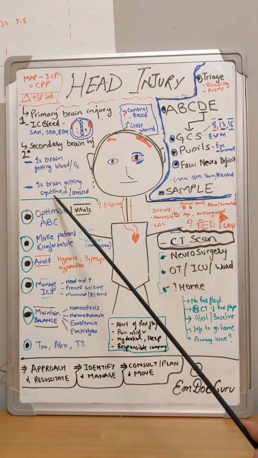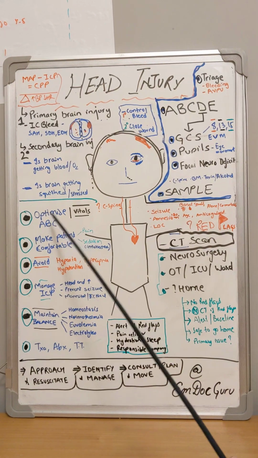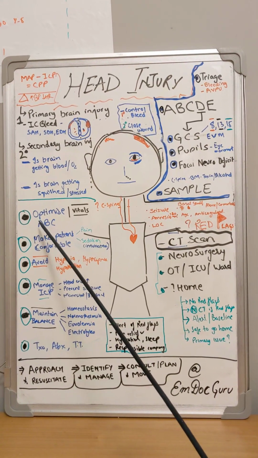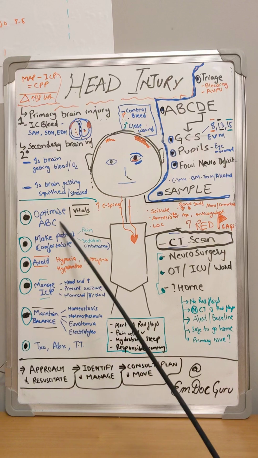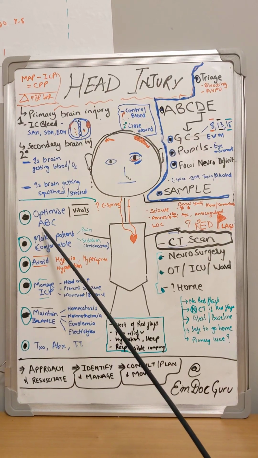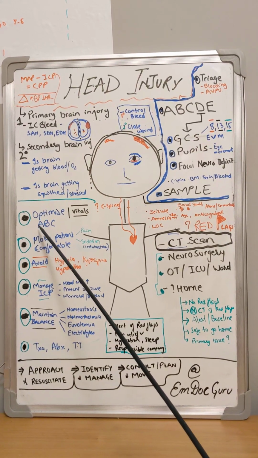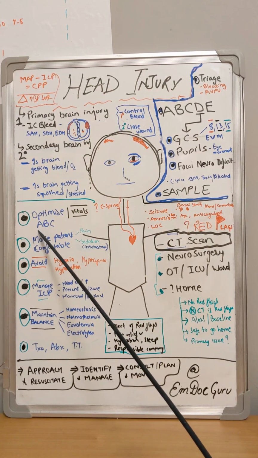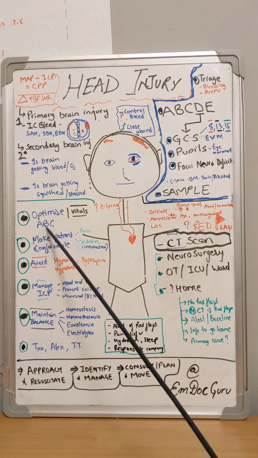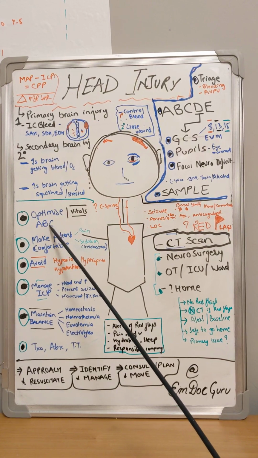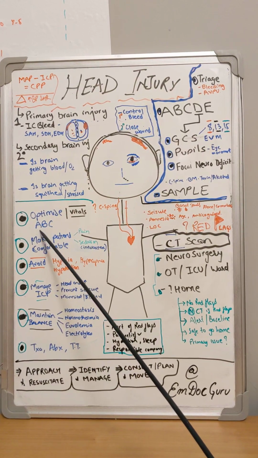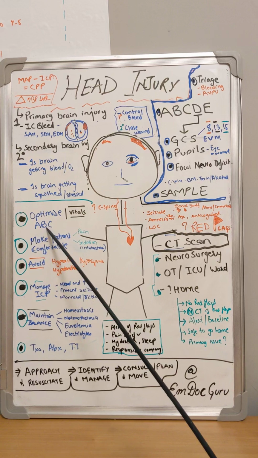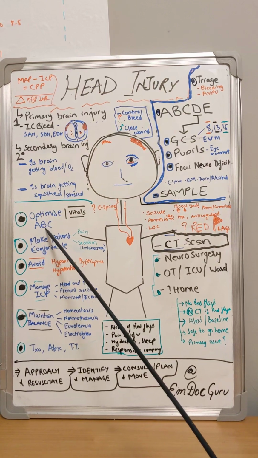So, what do you do in order to manage this? Most important, you need to optimize your ABCs. If a person has a GCS of 8 or less, you could consider intubating them. Make sure they are not hypoxic, so they are getting a good amount of oxygen, so that ensures there is enough oxygen in the system.